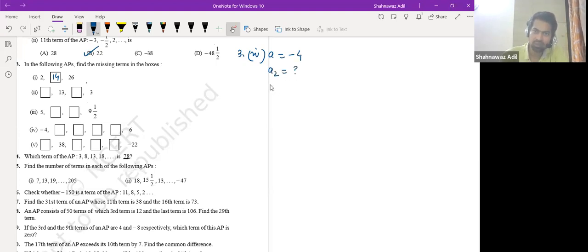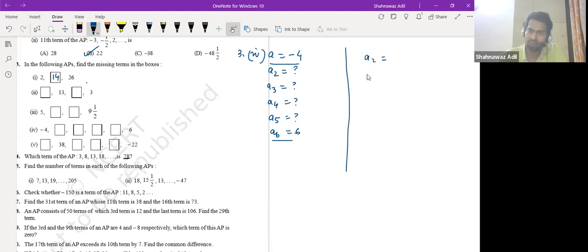A2, A3, A4, A5 are not given, and A6 is given, right? 1, 2, 3, 4, 5, 6. So this is 6. Now, using this one and this one, please calculate and tell me the values of A2, A3, A4, and A5. This is exactly a similar question, just like the third one.